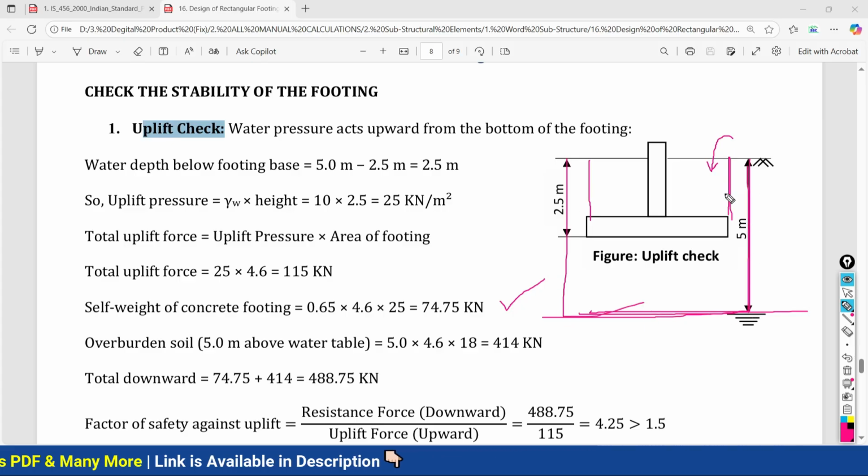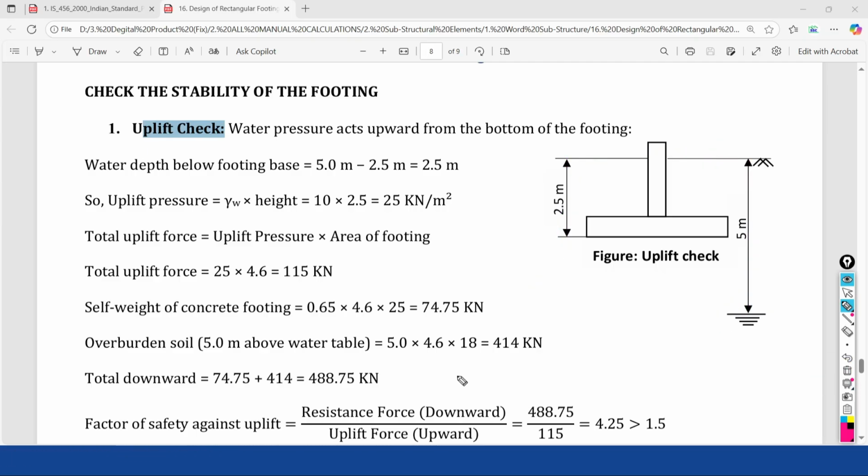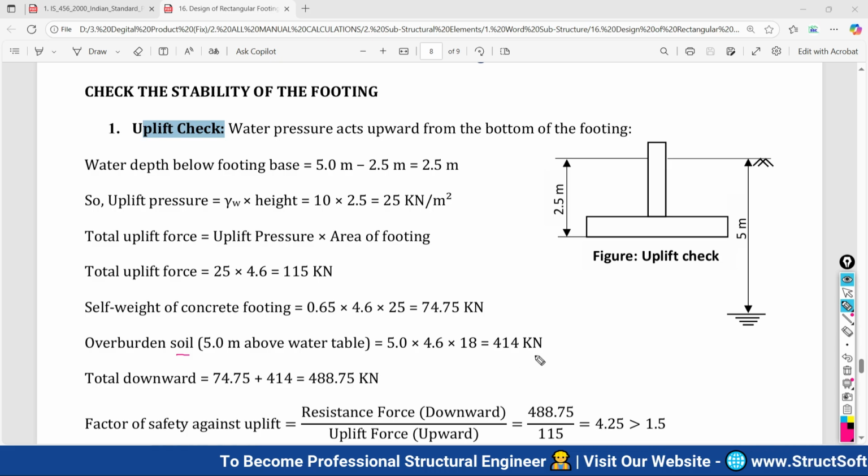Okay, 5 meter. So this is entirely filled with soil, and thereafter the water will be present. So basically 5 meter multiplied by 4.6, the total area, multiplied by the unit weight of your soil. If you multiply all of these things, we get the total overburden soil weight as 414 kilonewton.